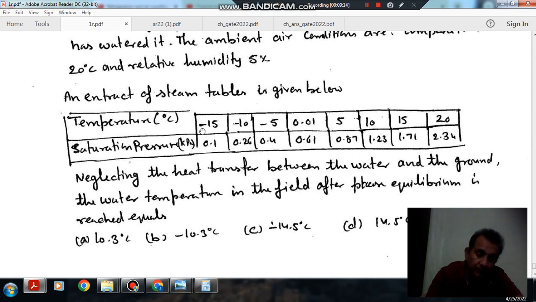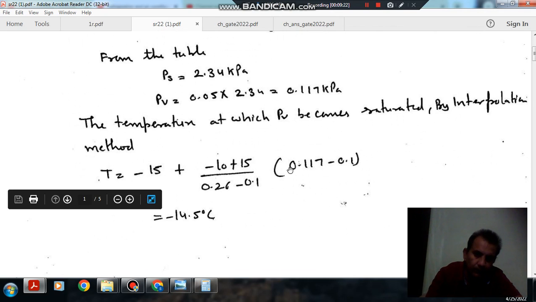At minus 15 degrees Celsius the saturation pressure is 0.1, and we have to make the saturation pressure 0.117, so that is 0.117 minus 0.1.